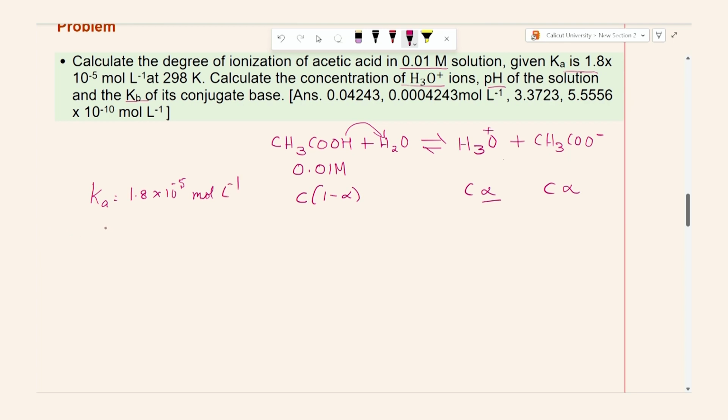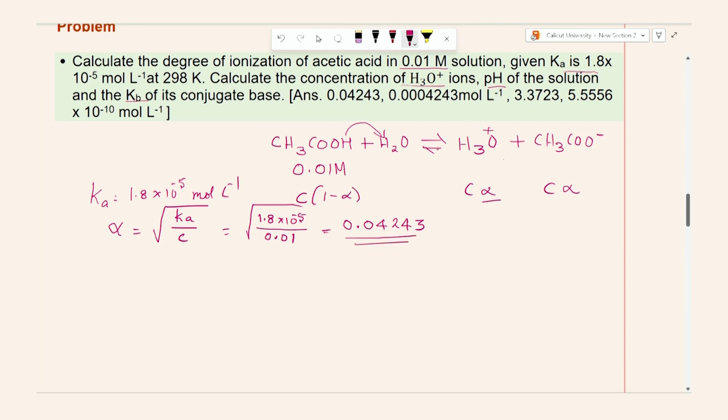We know the expression for a weak acid, alpha is equal to square root of Ka by C. Ka is given, 1.8 into 10 to the power minus 5, whole divided by the concentration 0.01, and if you solve it, you will get 0.04243. So, we have found the first value, alpha, the degree of dissociation.